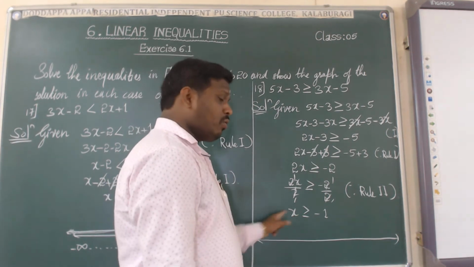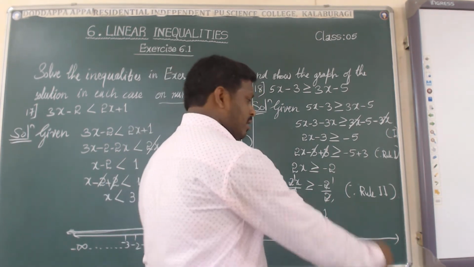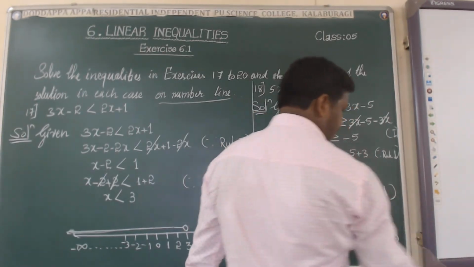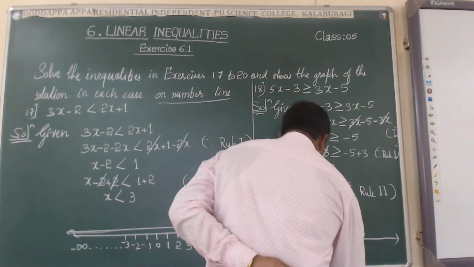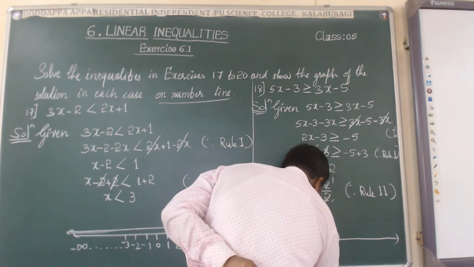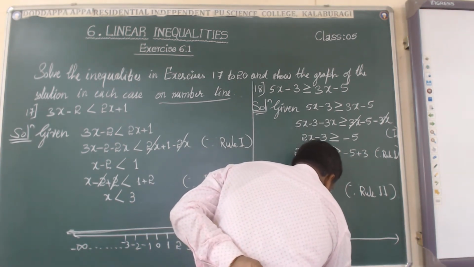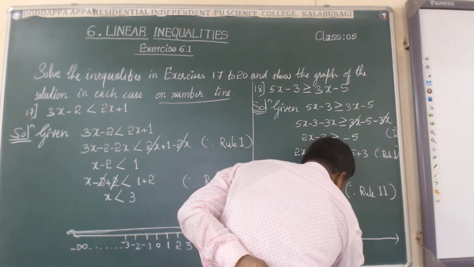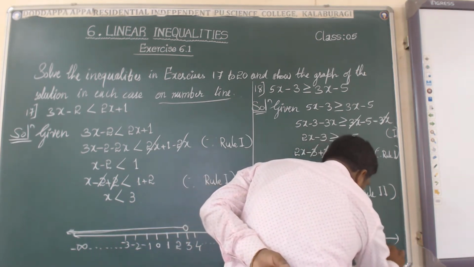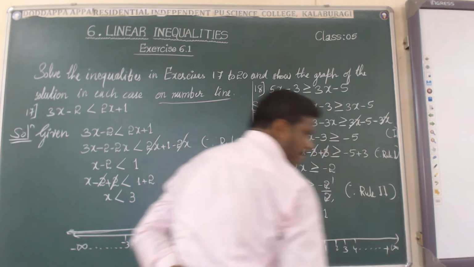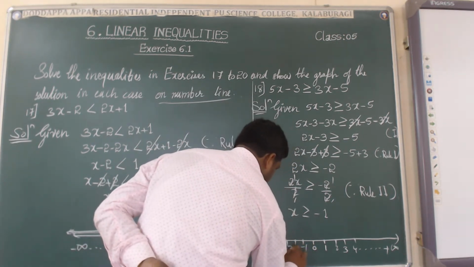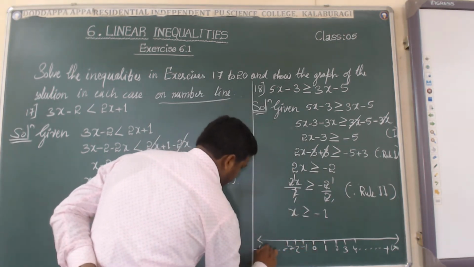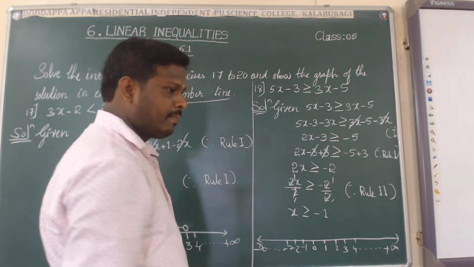The value of x is more than minus 1, so obviously this line will be moving towards the right side of the number line. Here 0 is the middle value, and it is 1, 2, 3, 4, so on up to positive infinity. And here minus 1, minus 2, minus 3, so on to minus infinity.